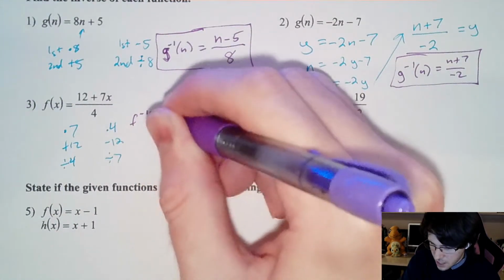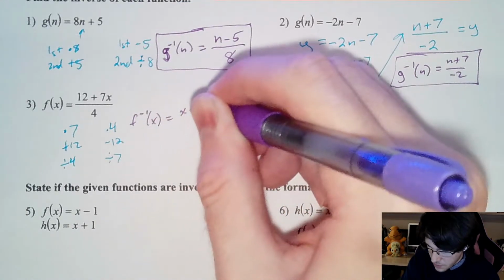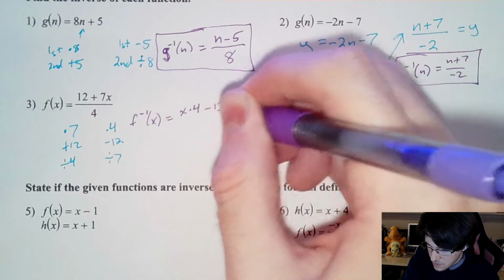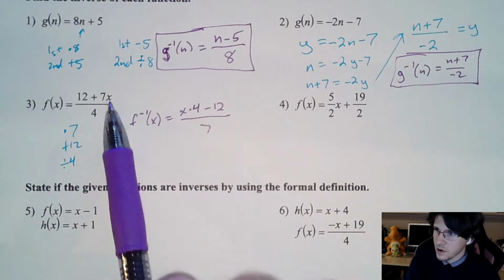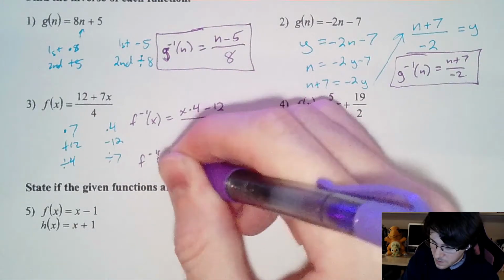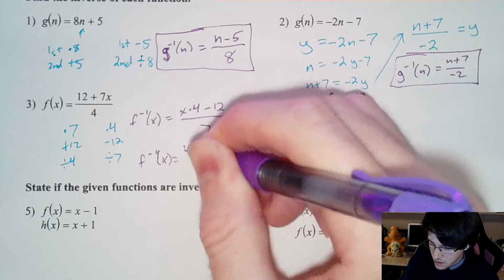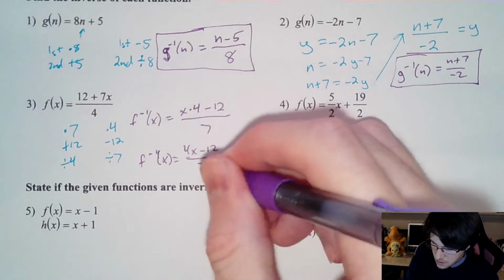F inverse of x is going to be x times 4 minus 12, and then divided by 7. It's probably more natural to write it like this, where you write 4x. You don't necessarily have to do that, but I do recommend it just for clarity.